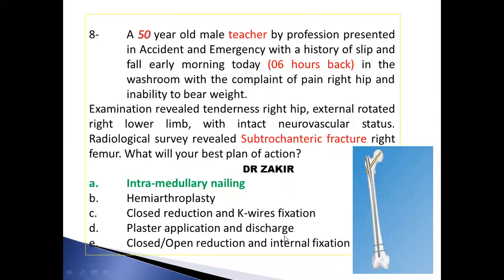We will not do plaster application and discharge. Open reduction and internal fixation could be an option, but the best option here is intramedullary nailing. If there is no intramedullary nailing in the options, then we can go for closed versus open reduction and internal fixation. So the answer in subtrochanteric fracture femur: the best option is intramedullary nailing.